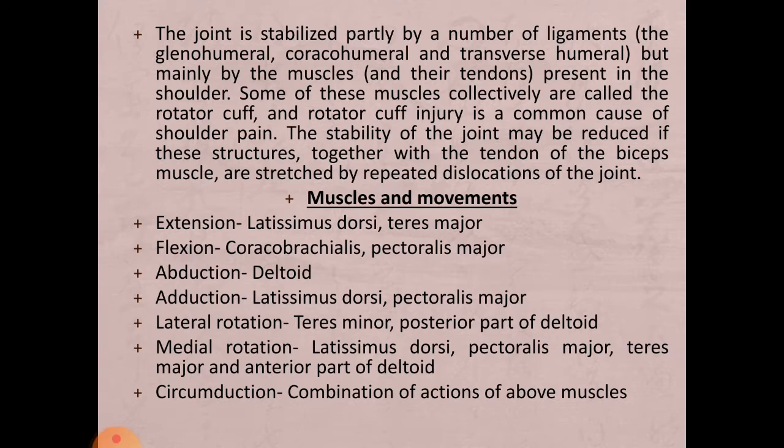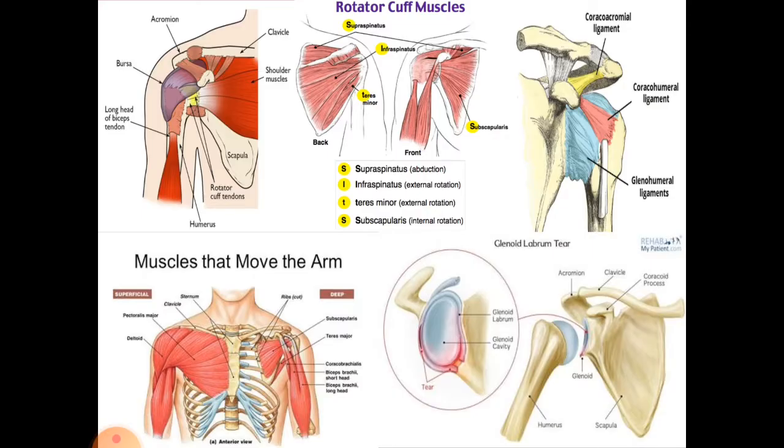So there can be extension, flexion, abduction, adduction, lateral rotation, medial rotation, and circumduction at the shoulder joint. And there are various muscles involved for these movements. First, we will talk about the extension, and for the extension we have the latissimus dorsi and the teres major muscle.